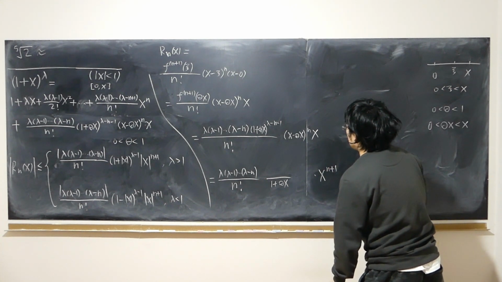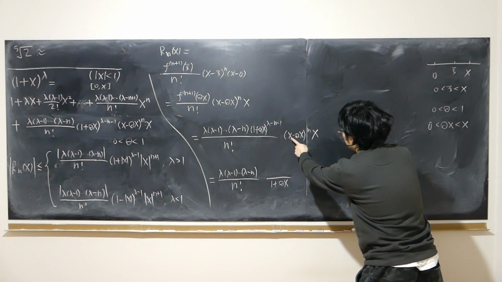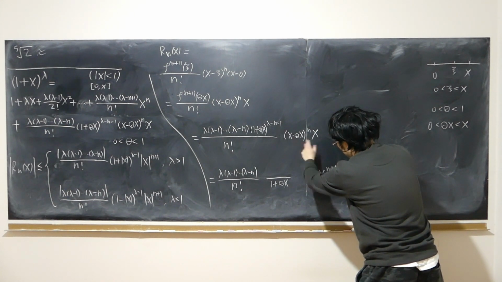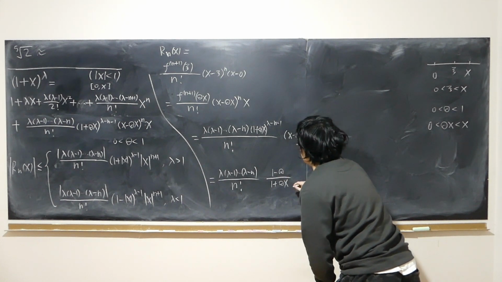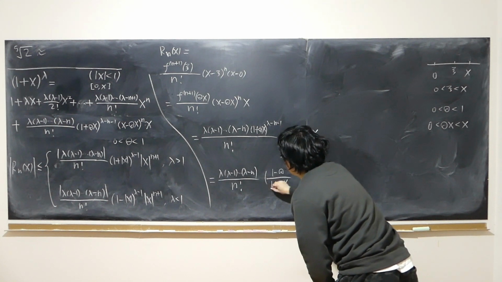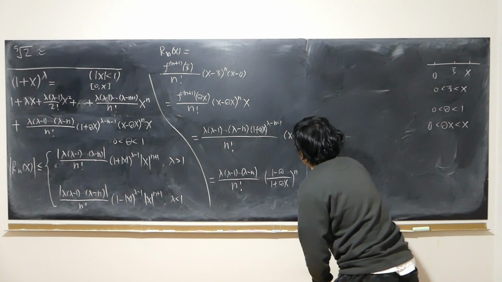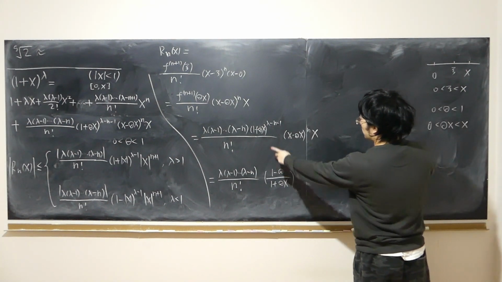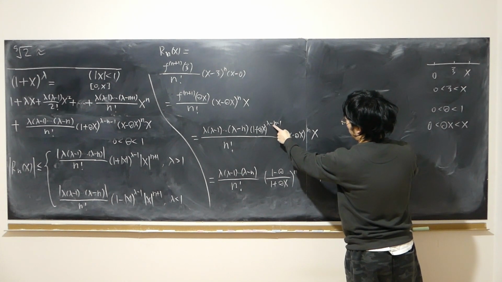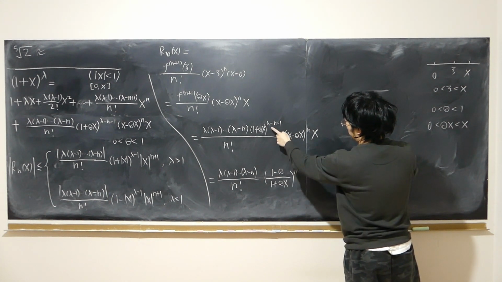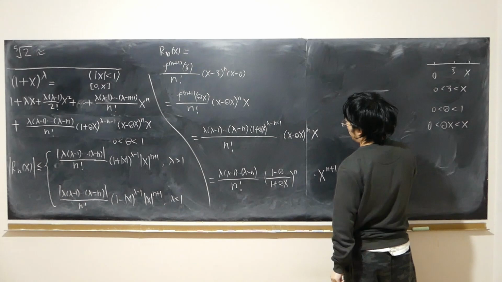I'm left with 1 minus theta over 1 plus theta x, altogether to the power of n. Minus n power has already been used, so I still have the power of lambda minus 1.